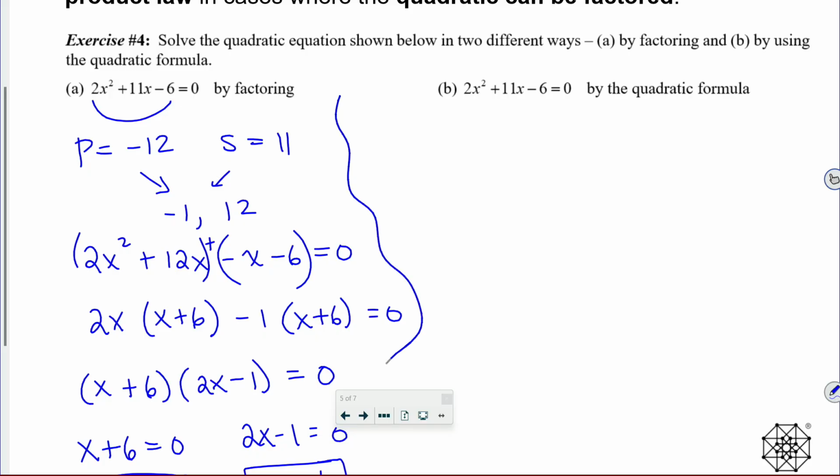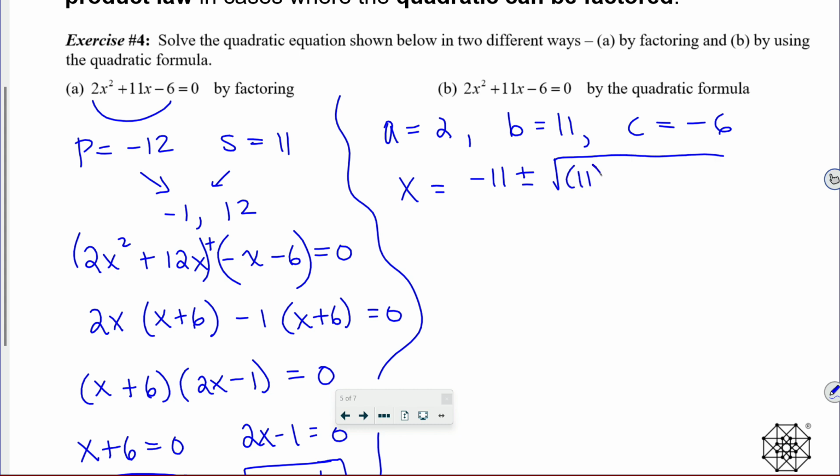All right. What do we have? We have a is equal to 2, finally an a that's not equal to 1. We have b is equal to 11, and we have c is equal to negative 6. So x is going to be negative b plus or minus the square root of b squared minus 4 times a times c, all over 2 times a.